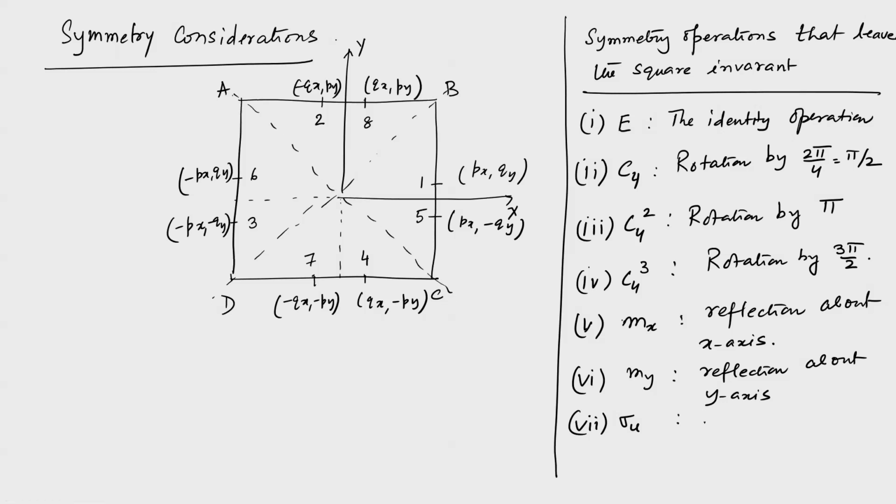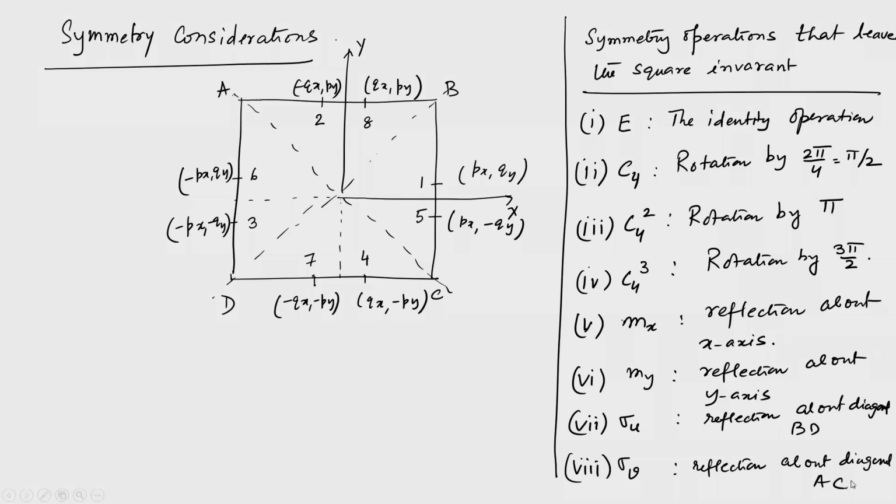So, the reflection about diagonal, say BD, and finally, the last one, sigma v, reflection about diagonal AC. Okay. So, these are the 8 symmetry operations that leave the 2-dimensional square unchanged.